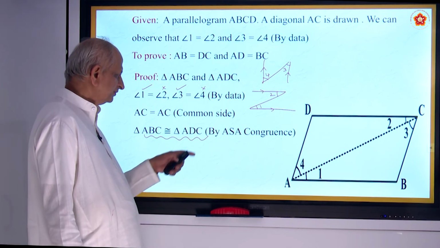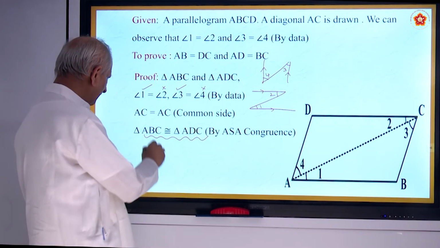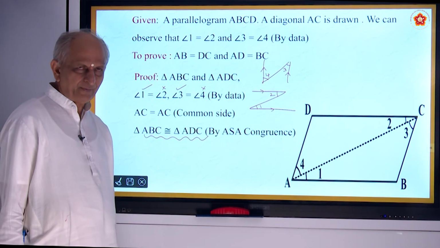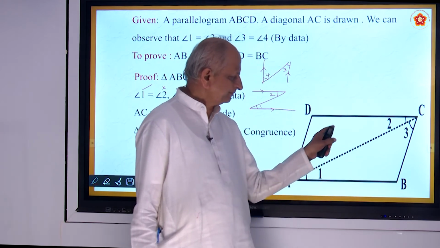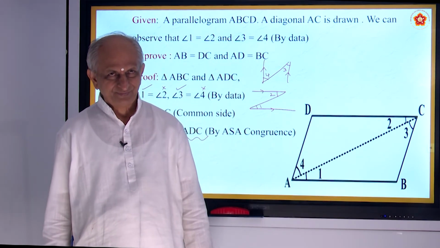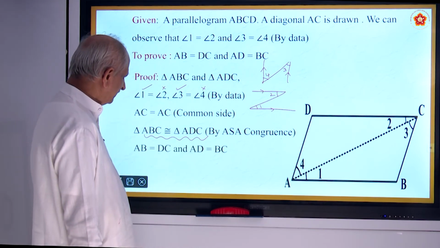Then we get ASA congruency. And therefore, you can write triangle ABC is congruent to triangle ADC, which means what? Suppose you cut this triangle and keep it on this, it will be identically equal. You can try with set squares, they will be identically equal.